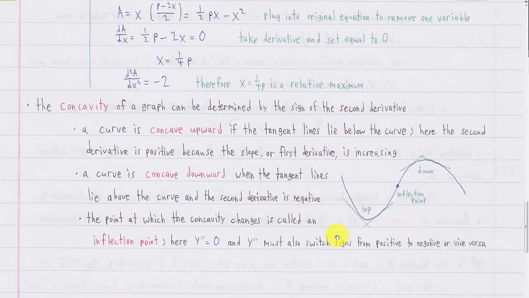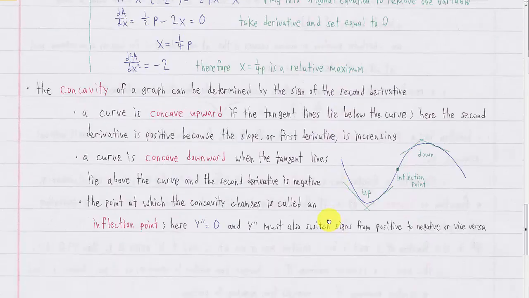So another thing we're going to look at is another meaning of the second derivative. The second derivative can also be used to determine something called the concavity of the graph. And the concavity is basically which direction the graph is curving in.